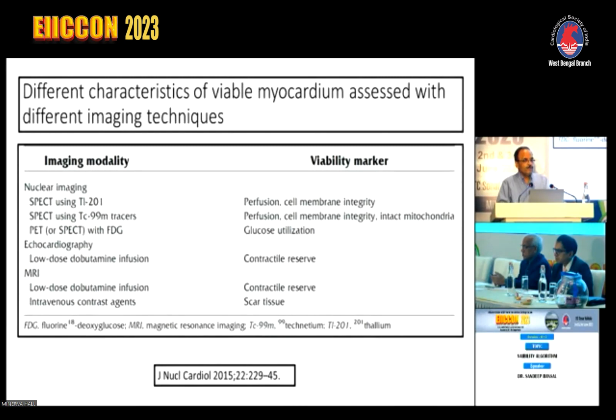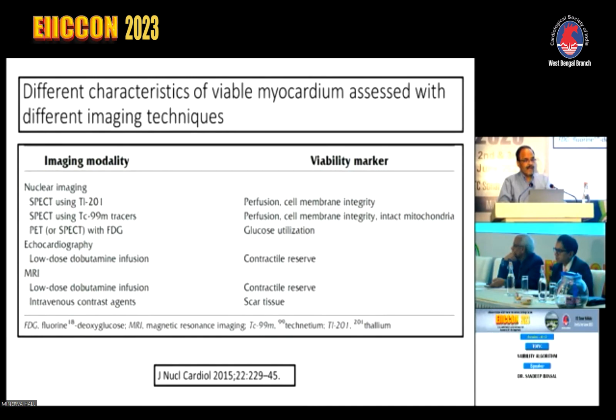You have nuclear imaging studies, which use perfusion, cell membrane integrity, and presence of intact mitochondria to judge whether the area is viable or not. And the PET scans use the change in metabolism as the indicator of viability.